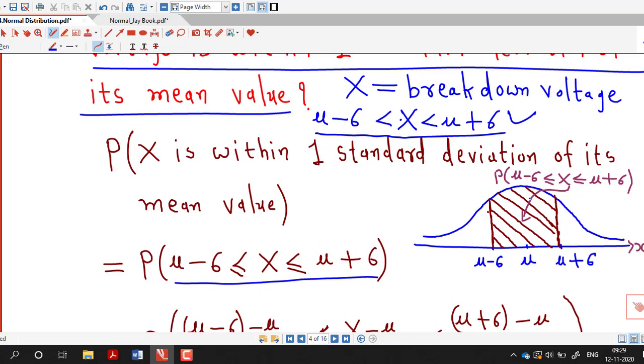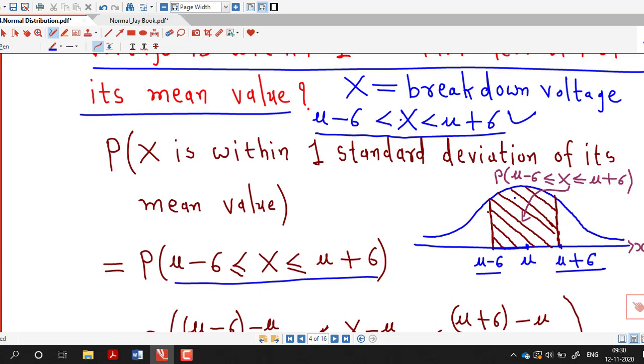You can see in this figure, this is the normal probability curve. This mu is the mean, and suppose this distance is sigma, then this is mu minus sigma and this is mu plus sigma. We are asked to find the probability that capital X lies between these two values, mu minus sigma and mu plus sigma.